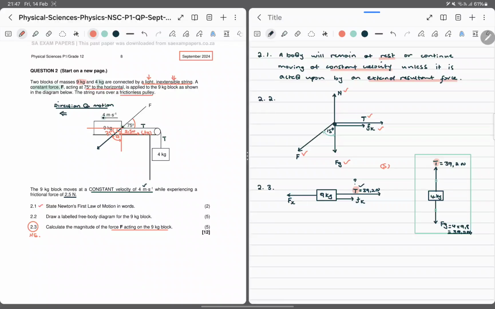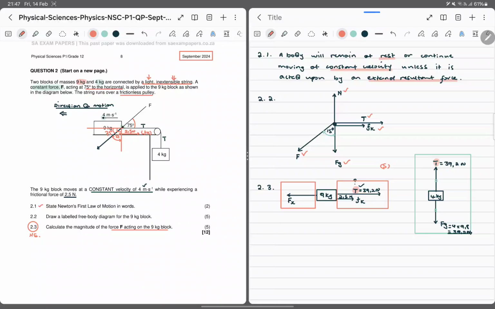Then we can deal with these forces, because we know this one is 2.5 newtons. So we now want to just determine what that force is. But we know that the sum of these 2 forces, if this body is moving at constant velocity, must be equal to that force.